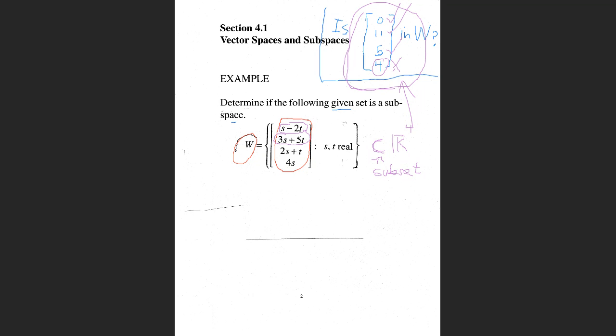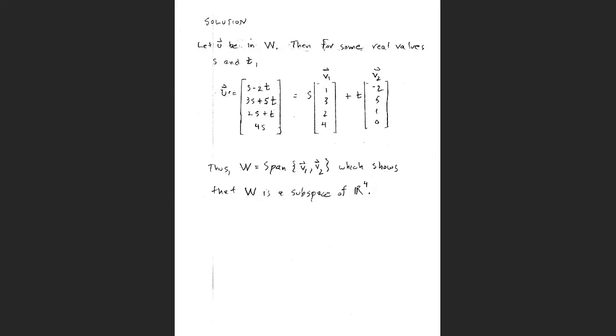I'm just going to do this. We could prove it, we can show that the three conditions for a subspace hold for space W. But also what I can do is say, let u be in space W. If a vector u is in space W, then for some real values s and t, u can be written as this 4x1 vector.